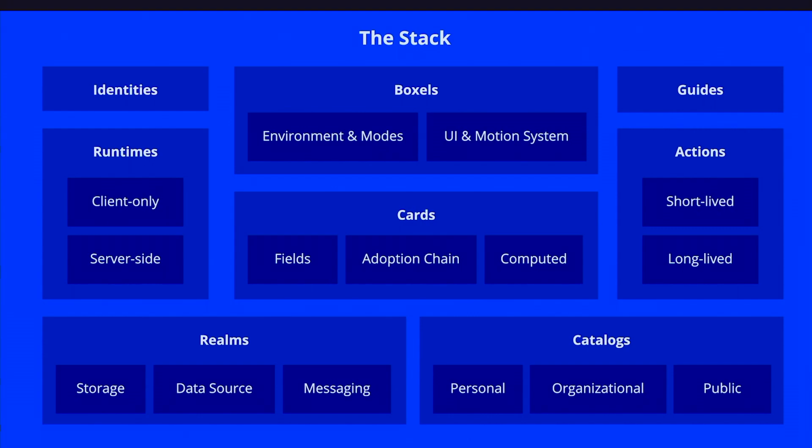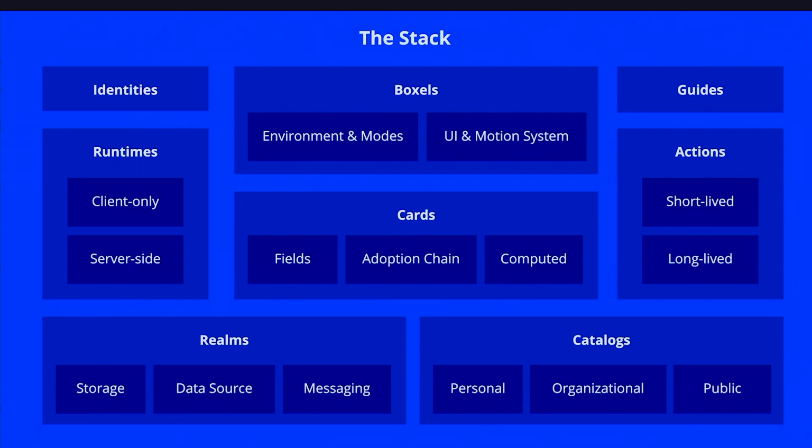Those are cards. And those cards live in something called realms, something you can store like a folder, like storage, with the ability to pull data from different sources, whether it's the blockchain or a service that does computation or market data, or you can do messaging. That's really where it gets interesting, and it correlates to the AI idea about using messaging. And there are other concepts like guides, which provide human concepts, and actions, which allow you to automate certain things.